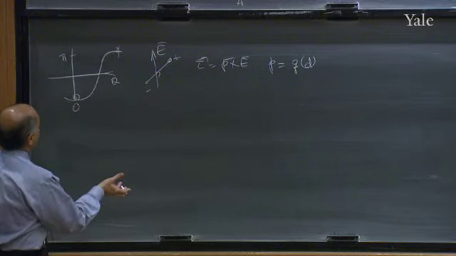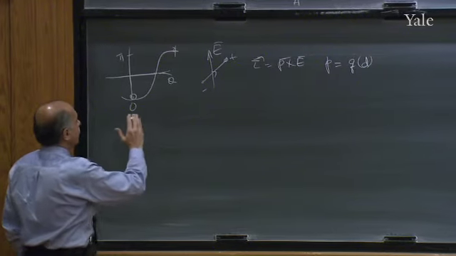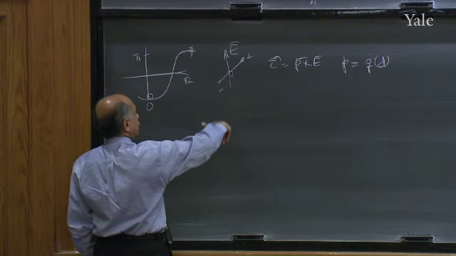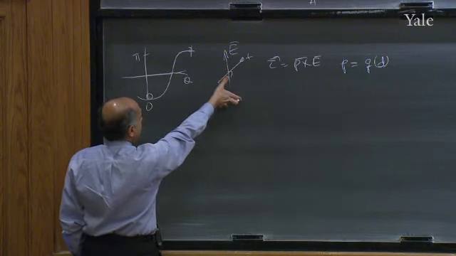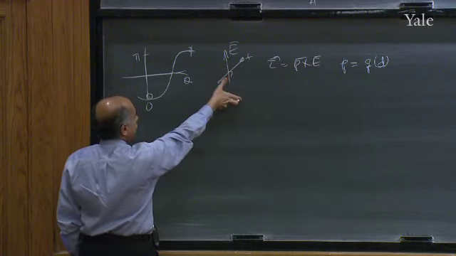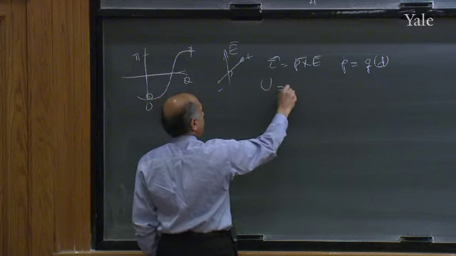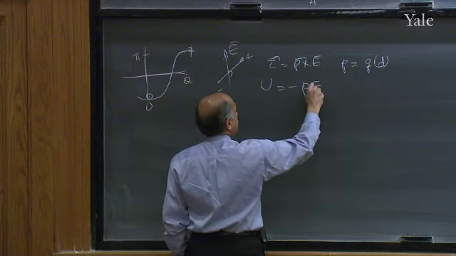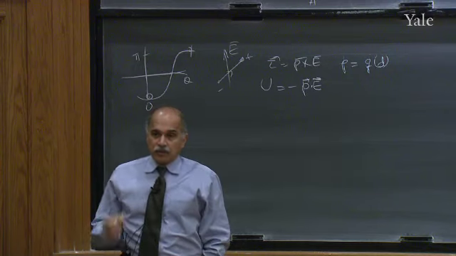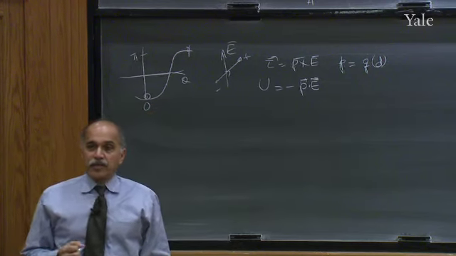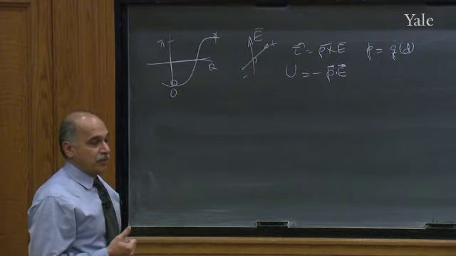And a dipole would also align itself with the electric field, with the plus charge along E and the minus charge down here. The other configuration was exactly anti-parallel, but that's the configuration of highest energy, and the energy again was minus P dot E. So a current loop is like an electric dipole, except it's a magnetic dipole.